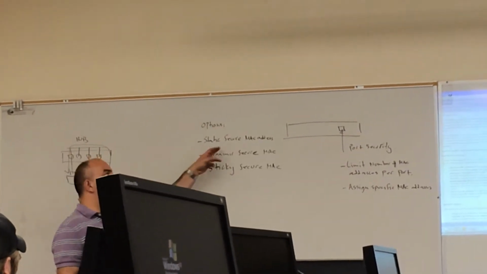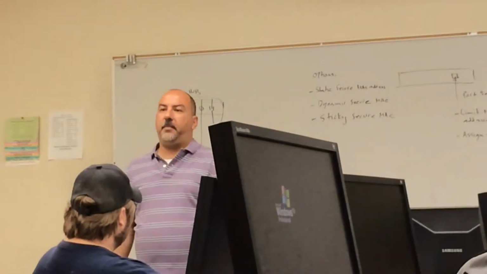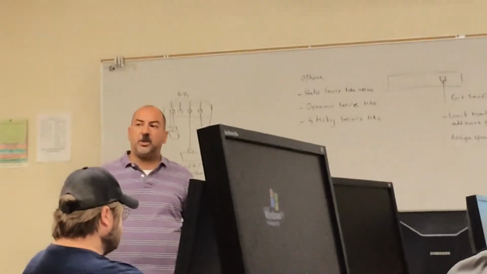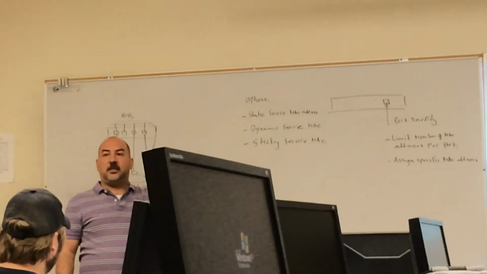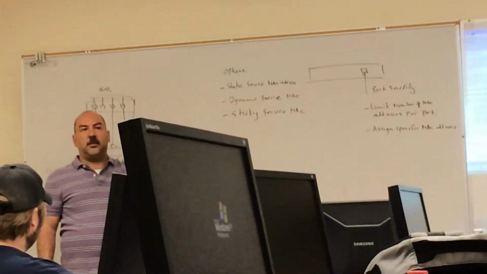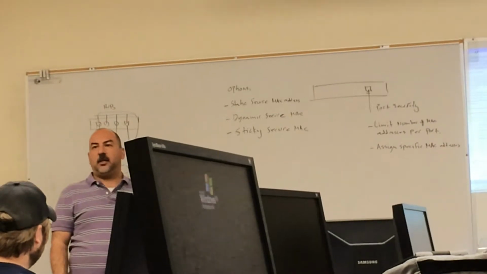That's called static secure, which means you are going to tell the switch only these 2 MAC addresses can go in, and you actually have to physically program these MAC addresses in there.